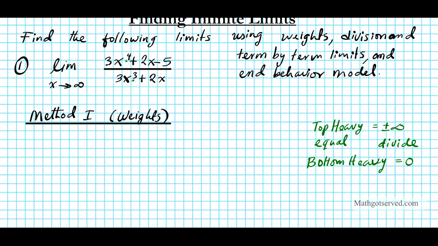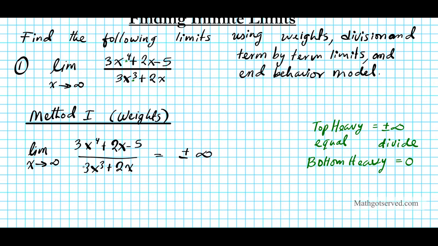So we know the limit as x approaches infinity of 3x to the fourth plus 2x minus 5 over 3x to the third plus 2x is either going to be plus or minus infinity.